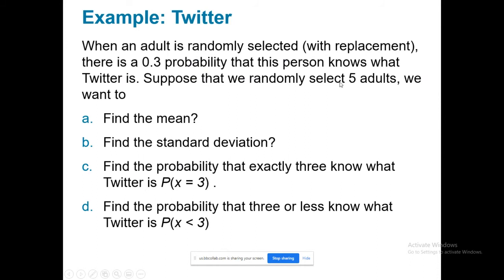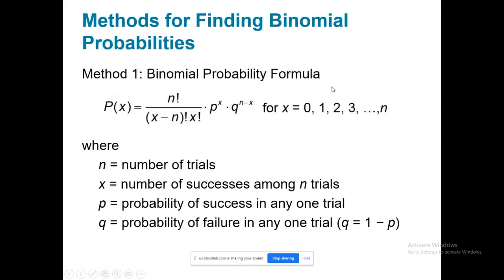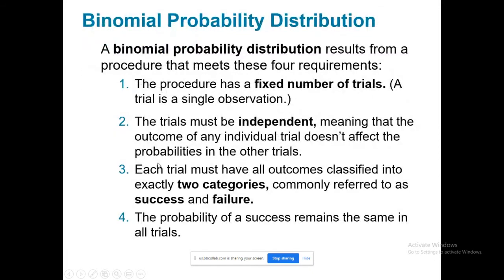So we're going to repeat this selection process 5 times, right? So n is going to equal 5. The second thing is that the trials must be independent, meaning that one selection doesn't affect another selection.